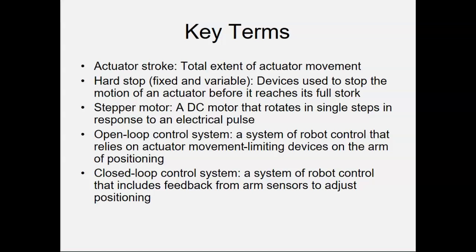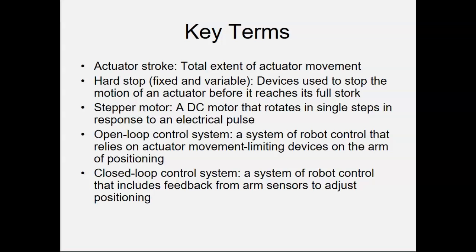So the actuator stroke is the total extent of actuator movement. Now, that depends on the type of actuator you're dealing with. If you're dealing with a motor, it does not have a maximum rotation. Does that make sense?